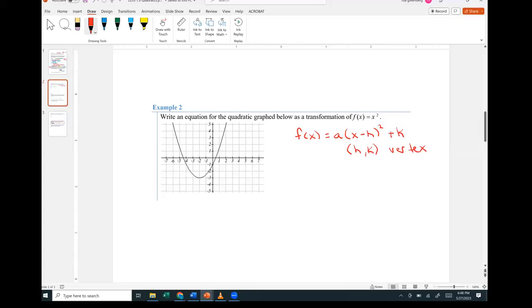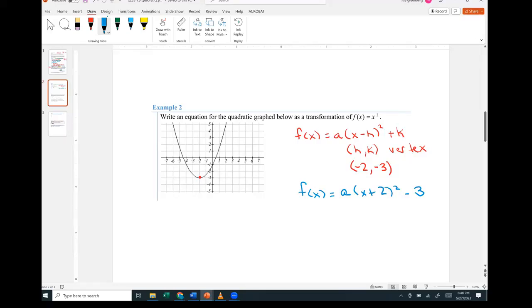So here's my vertex. Since I know that, I know (h, k), which is (-2, -3). So now we can write f of x equals a times (x plus 2), because it's minus -2 or plus 2, squared minus 3. And the only thing we don't know at this moment is a.